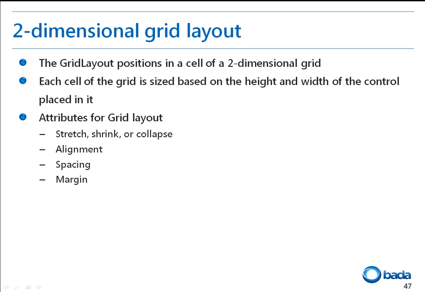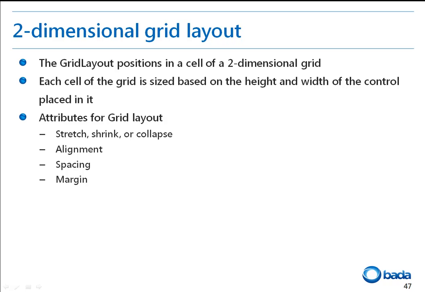The attribute stretches, shrinks, or collapses a row or column if its size is less or more compared to the controls that have been added to it. Without this attribute, the size of the row or column typically follows the tallest or widest item in it. By default, these attributes are set to false.